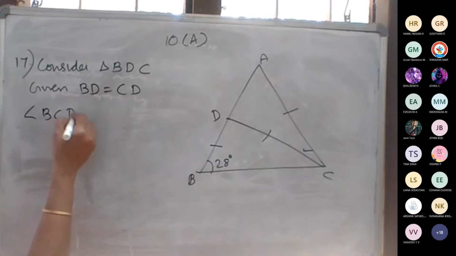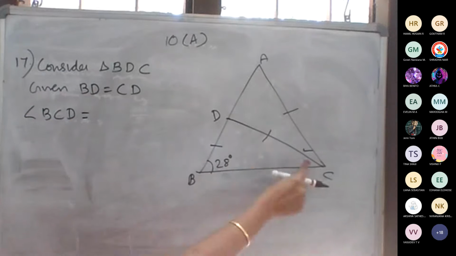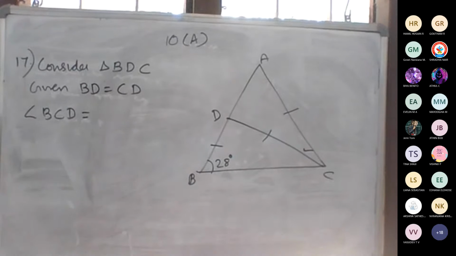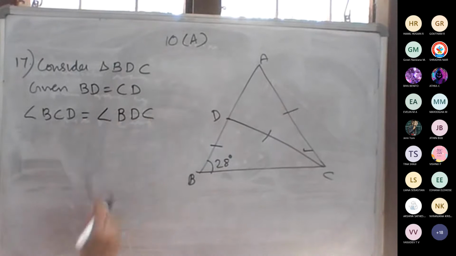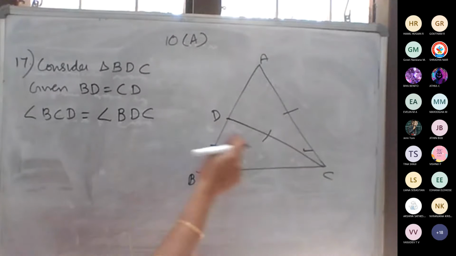Given BD is equal to CD, instead of the sides we can write the angles. The opposite angle is angle BCD. BD means BCD, then CD means.